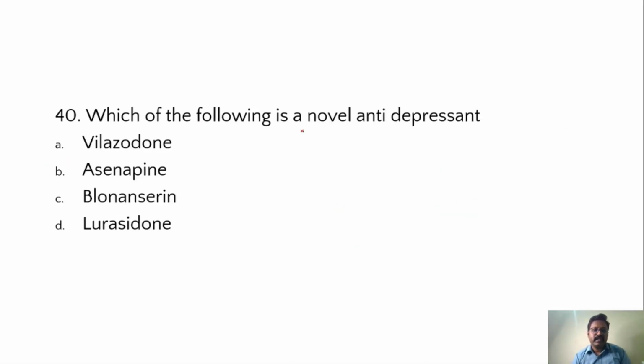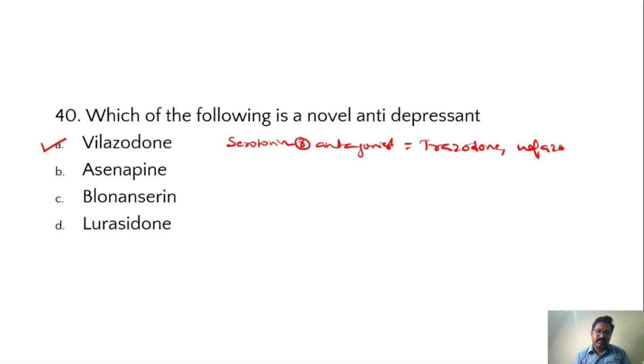So next, which of the following is a novel antidepressant? Again, this is the direct question. The novel antidepressant is the vilazodone. The other antidepressants are like, we have a serotonin receptor antagonist like trazodone, nefazodone, as well as vilazodone.